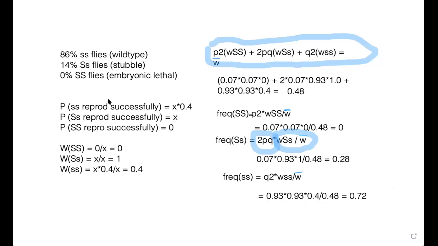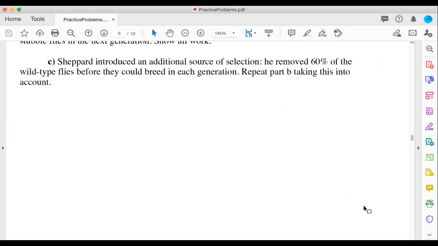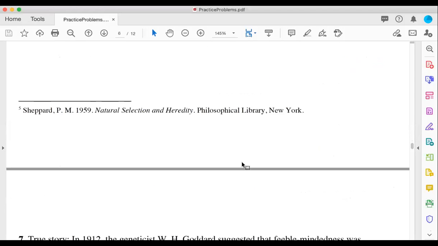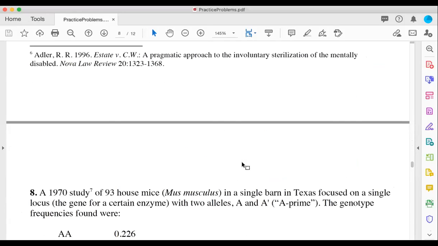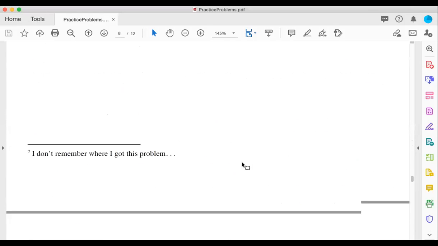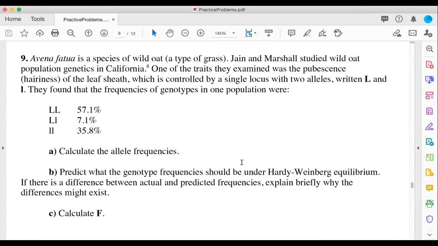Let's go ahead and find a practice problem that involves inbreeding. Let me try to find the one about... 8's fun. Okay, 9 is a fun one. Problem 9 is about a species of wild oat called Avena fatua. This was a study of wild oat population genetics in California, and they looked at a trait called pubescence, which just means hairiness on the leaf sheath.